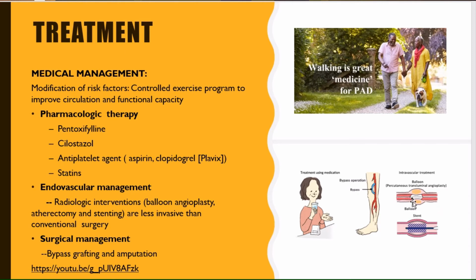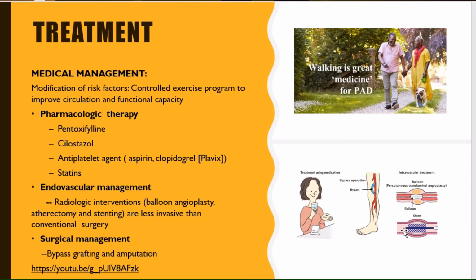Sometimes the plaque may be big, or it may not be manageable with the balloon angioplasty. The patient may need a stent. The stent is inserted and left in place, so the blood is flowing through the stent.